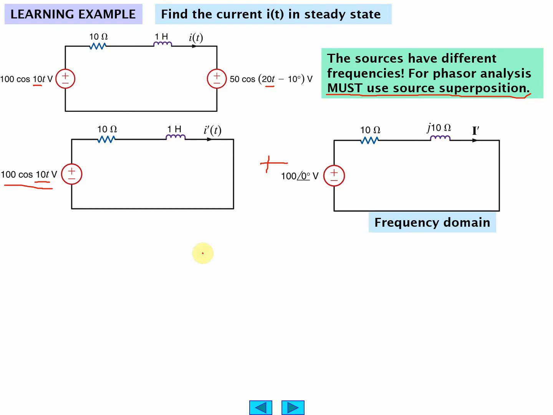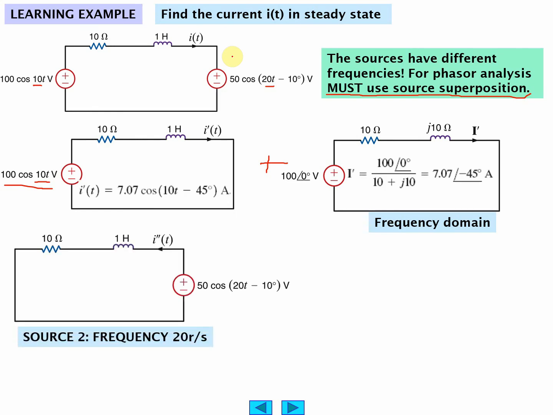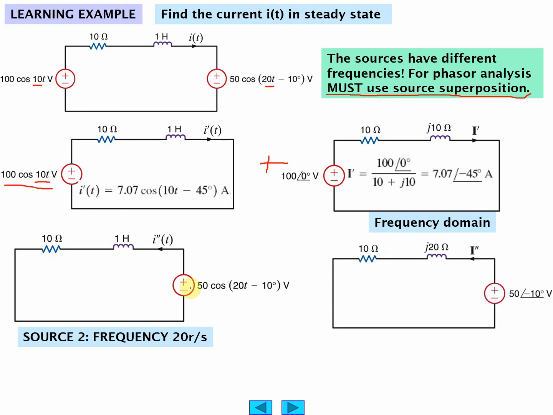You treat the second voltage source as a short, and you solve that circuit. Then you treat the first voltage source as a short, and you solve for the second one. This is this, and you take the sum.